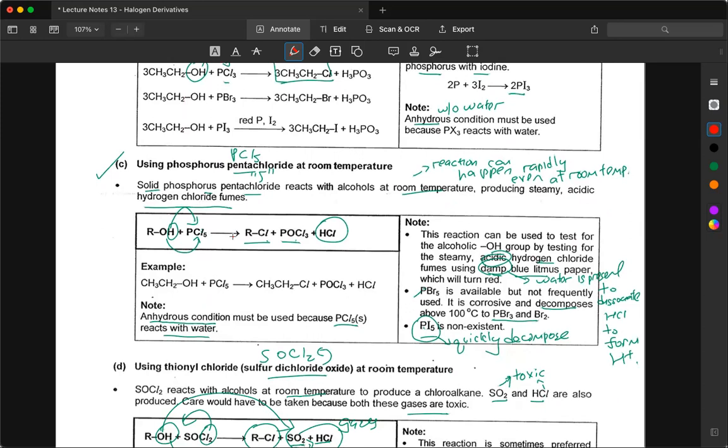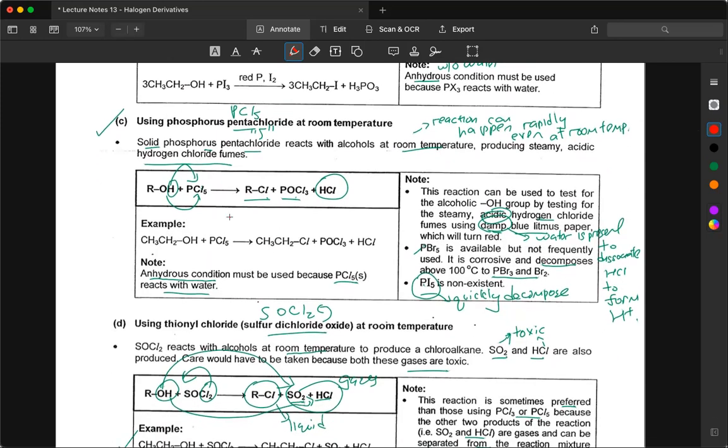We can also use PCl5, phosphorus pentachloride, at room temperature, where the solid will react with alcohol to produce steamy acidic hydrogen chloride fumes. This reaction can occur rapidly even at room temperature. The condition must be anhydrous to prevent the reaction between PCl5 and water.